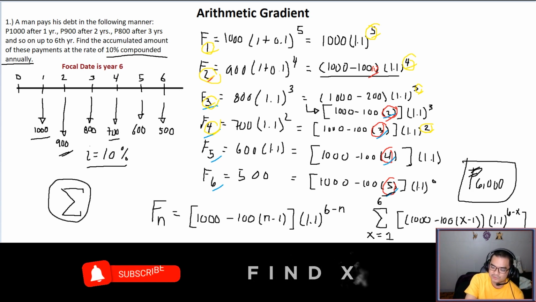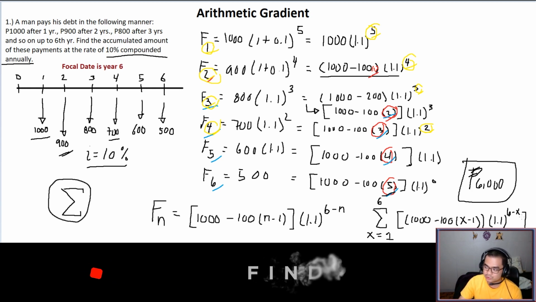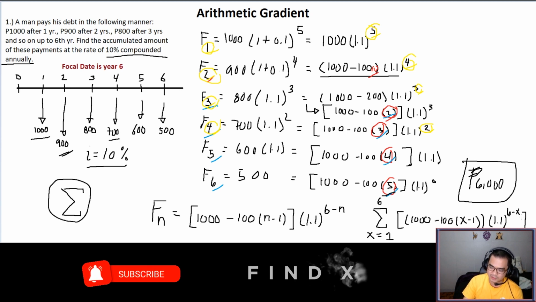So what the summation function does is simply, from 1, it will substitute the value of 1 here first, and then it will get a value, and then after 1 it will substitute 2, and then another value, and then 3, another value, up to 6.